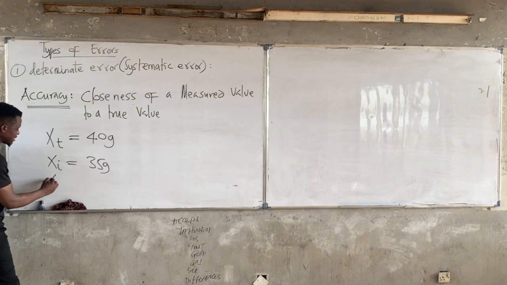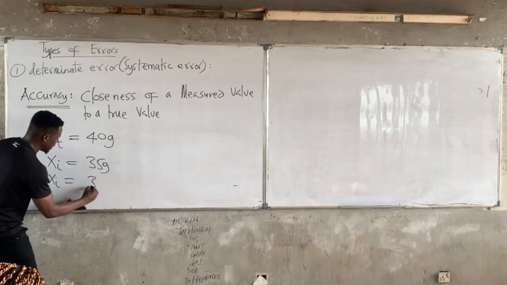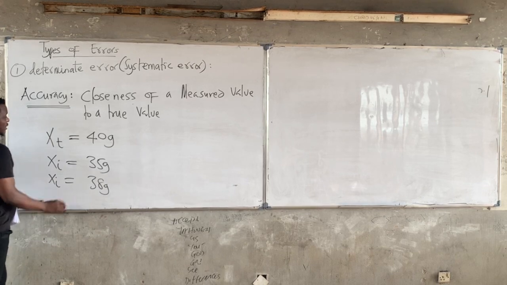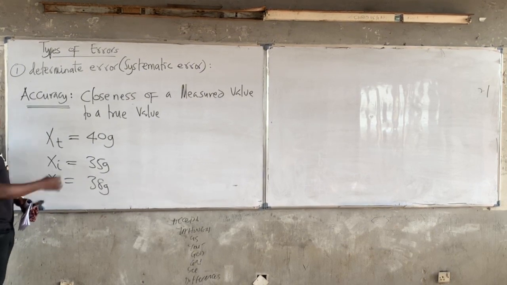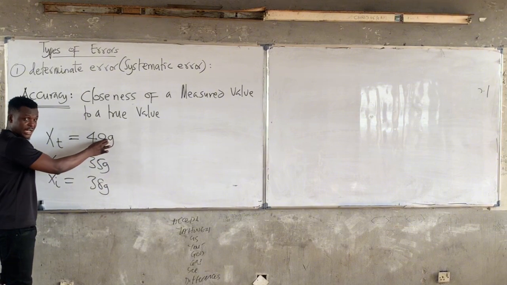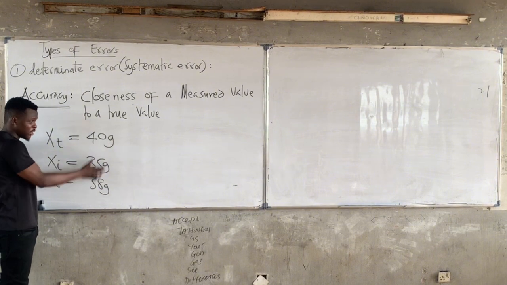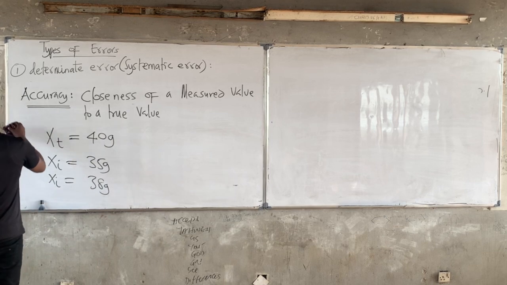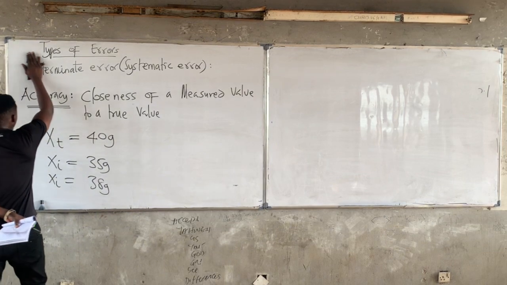Another person reweighs it and gets 38 grams. If you look at this, you can say the second value is more accurate, right? Because you're comparing the measured value to the true value, and it is closer, we say it is more accurate than the other one. So that is it for determinate error.